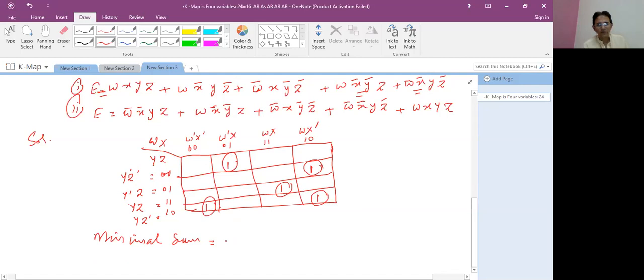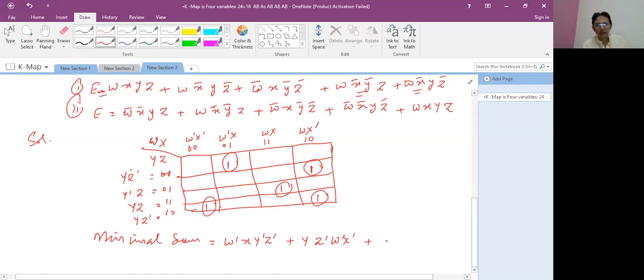It means W complement X, Y, Z complemented plus this one, Y, Z complemented, W complemented X, and this one is WX and YZ, it has no similar value.